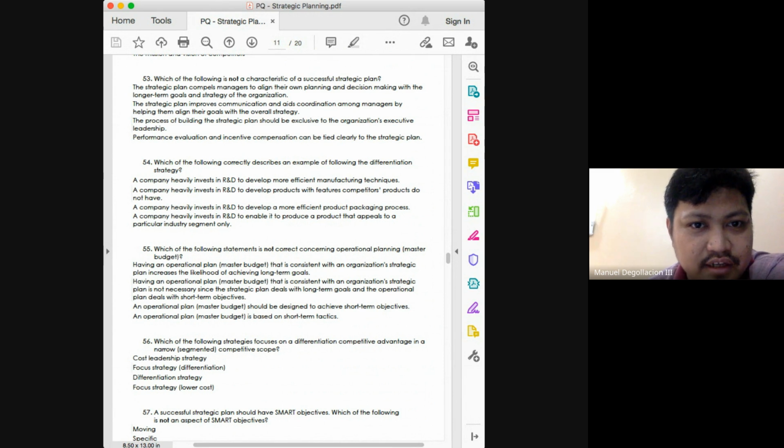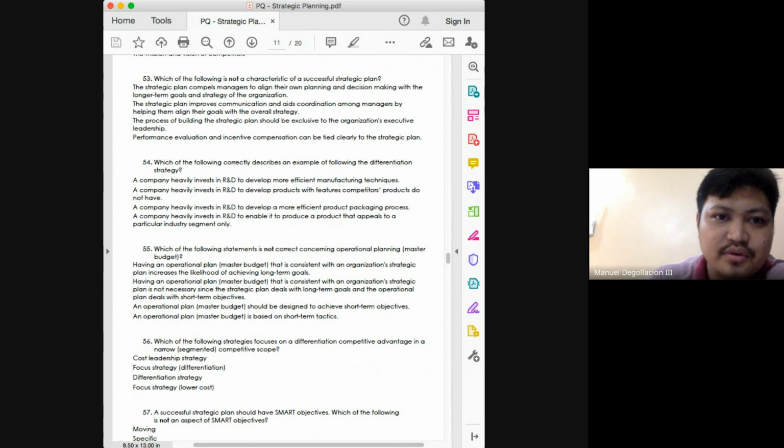So definitely this is product differentiation. Letter C is still on your cost. You're trying to reduce the cost of the packaging process. Letter D, a company heavily invests to enable it to produce a product that appeals. The fourth one is a focus strategy. So again, the second option is the answer here.